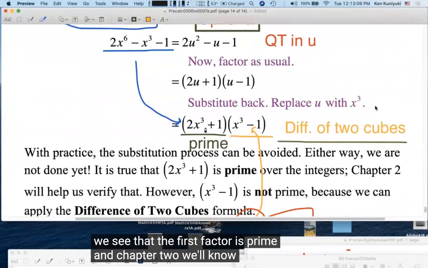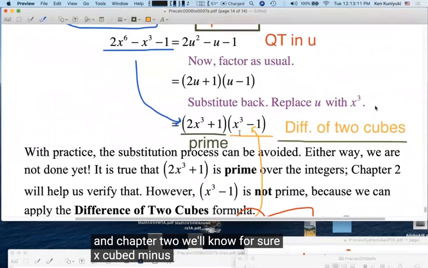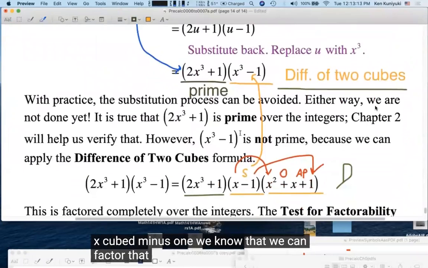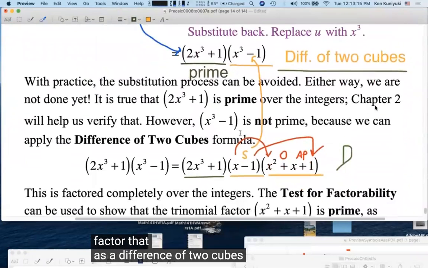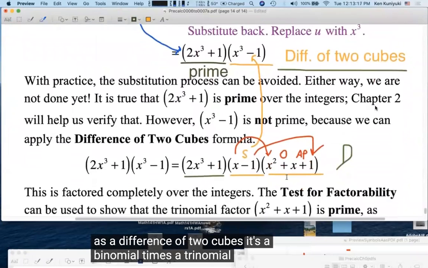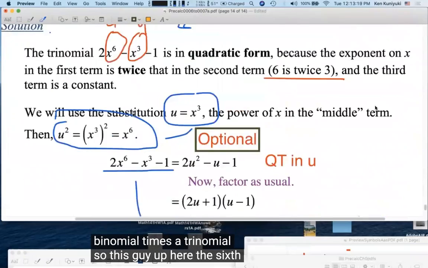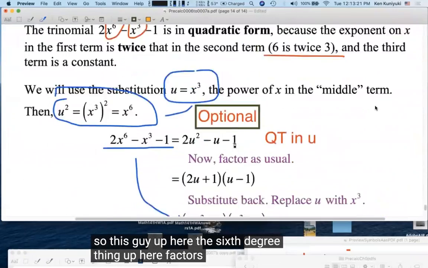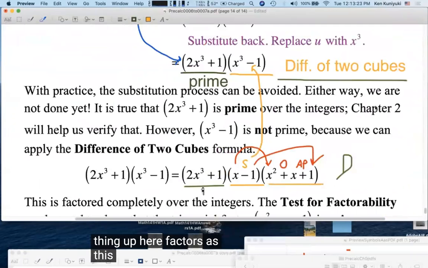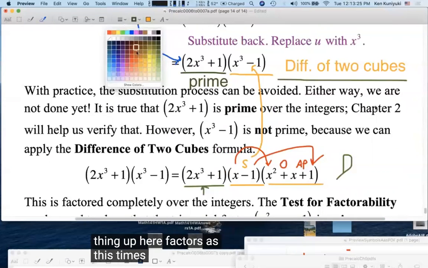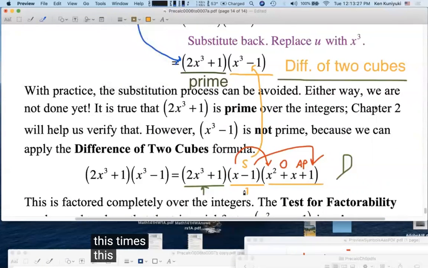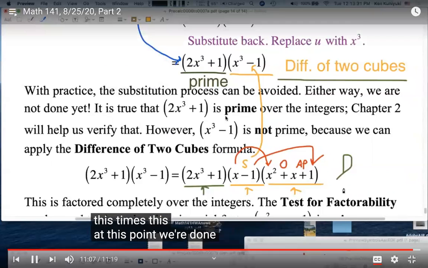In chapter 2, we'll know for sure. X cubed minus 1, we know that we can factor that as a difference of two cubes. It's a binomial times a trinomial. So this 6th-degree thing factors as this times this times this. And at this point, we're done.